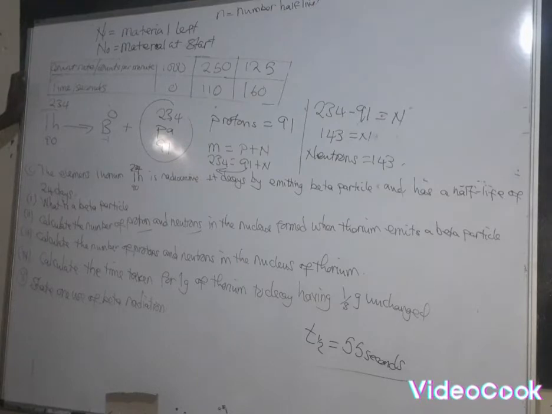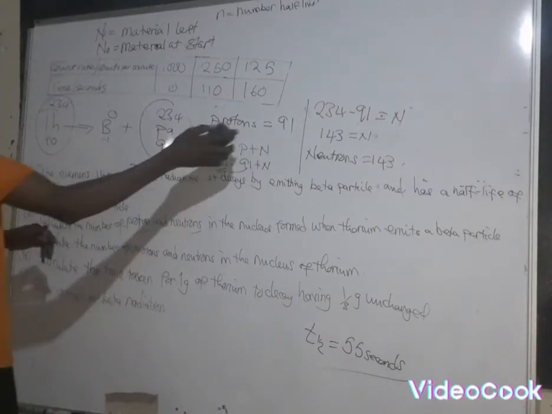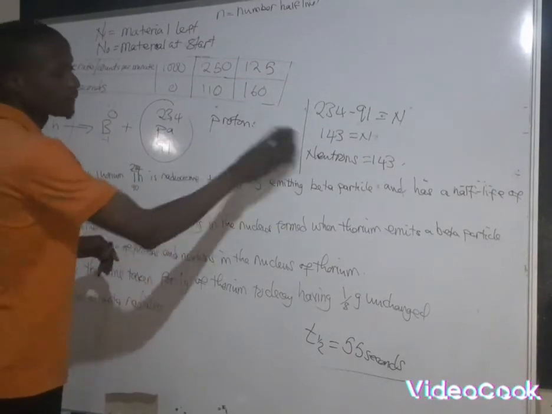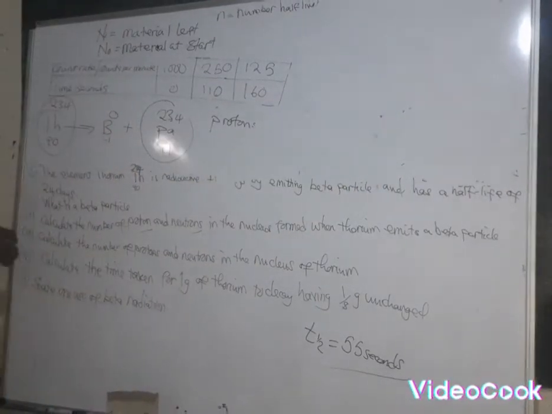So we go to Roman numeral 3 now. Calculate the number of protons and neutrons in the nucleus of thorium. In this case, we want the same nucleus of thorium. How many protons are in thorium? 90.